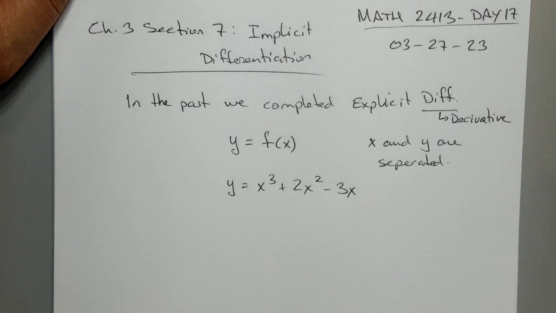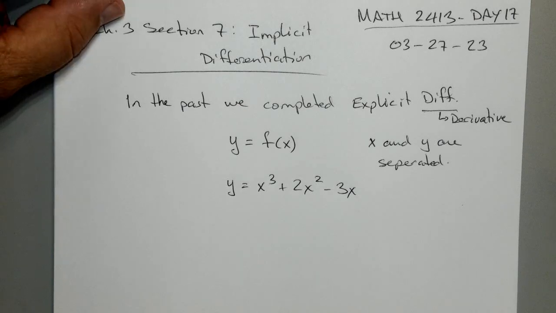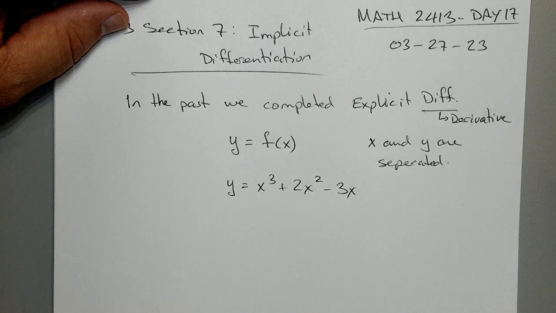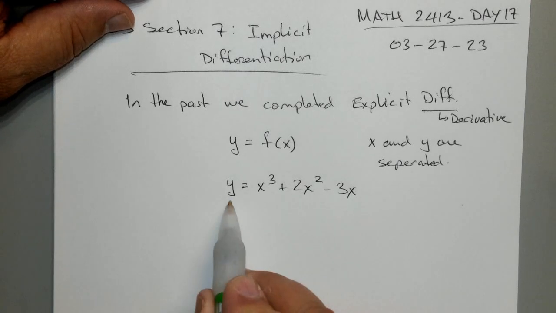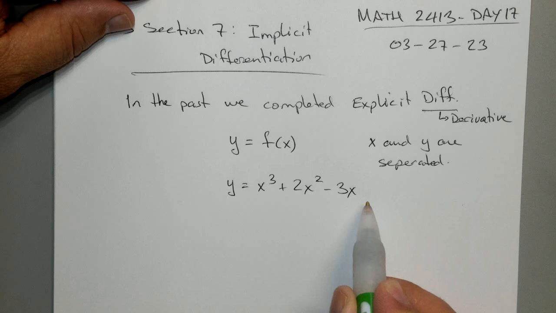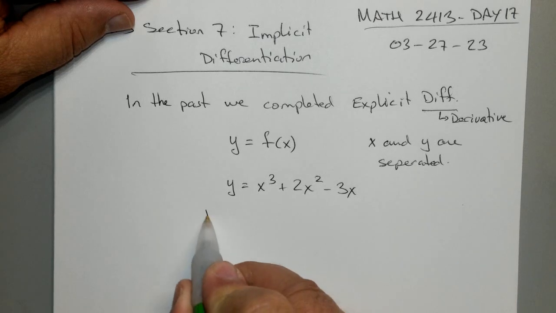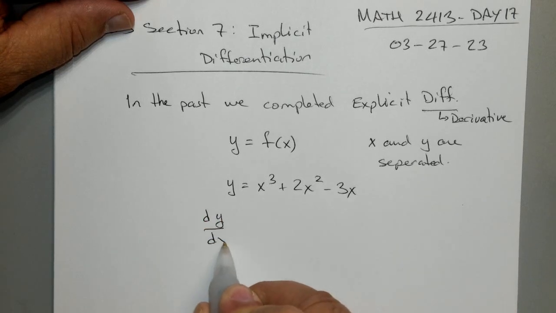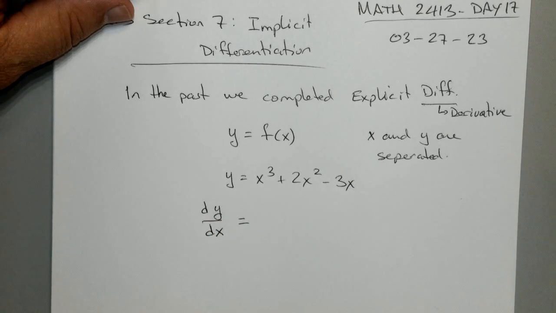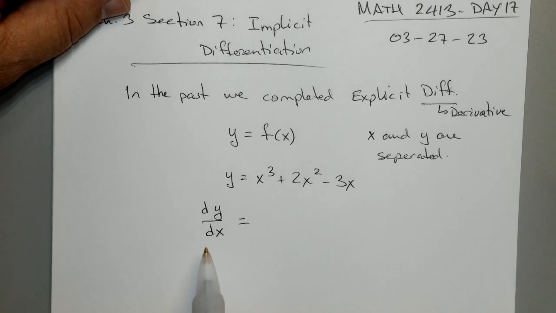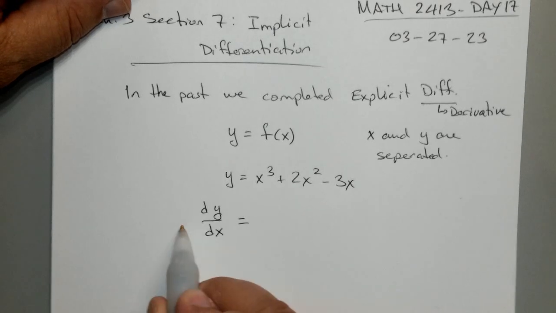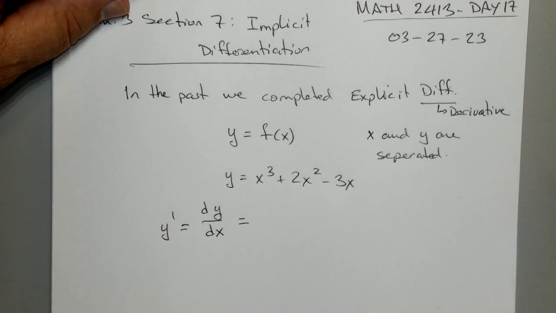So when we say explicit differentiation, that means we're taking derivatives with respect to x. Example, if I give you this function here, what's that asking for? It's asking for y prime. So what is y prime?